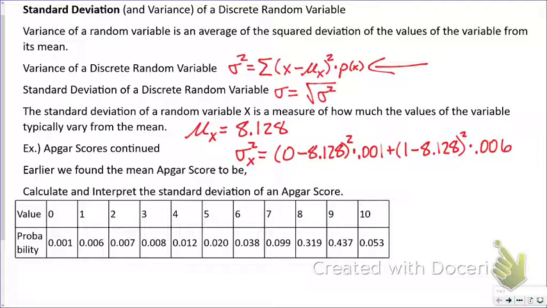You don't have to, at this point I would say you could do the dot dot dot and then write the 10. But let's do one more just for the sake of practice. So 2 minus the mean times 2's probability. And then let's do the dot dot dot. I think we got it down.